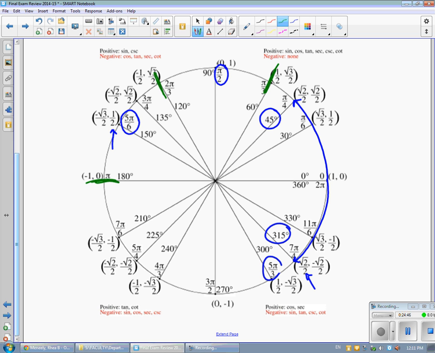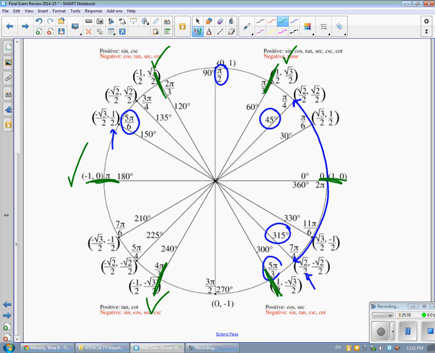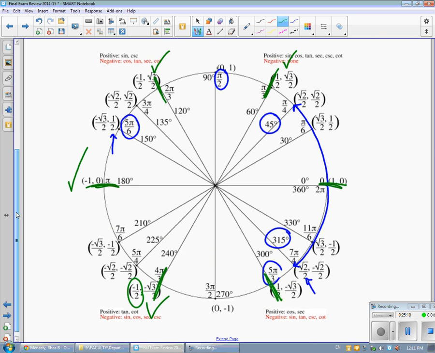This is 3 pi over 3. This is 4 pi over 3, 5 pi over 3. This is 6 pi over 3. This is 7 pi over 3, 8 pi over 3, 9 pi over 3, 10 pi over 3. So 10 pi over 3 is equivalent to 4 pi over 3. And I am trying to find the cosine, and the cosine corresponds to the x value of negative 1/2.